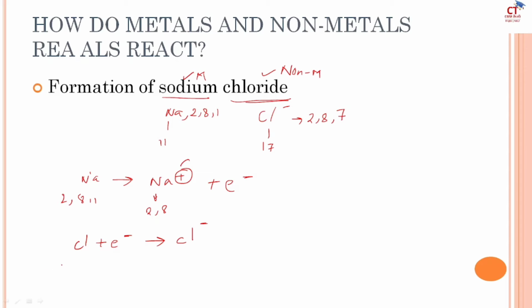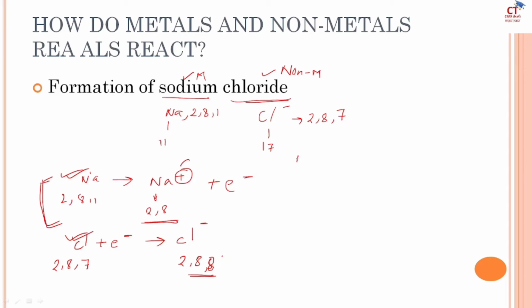What was the initial configuration of Cl? That is 2, 8, 7, and now it has become 2, 8, 8. So this is a valence shell, this is also a valence shell. This is how the formation of sodium chloride occurs.